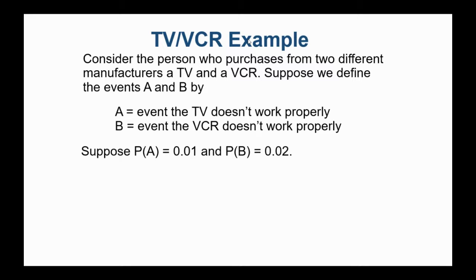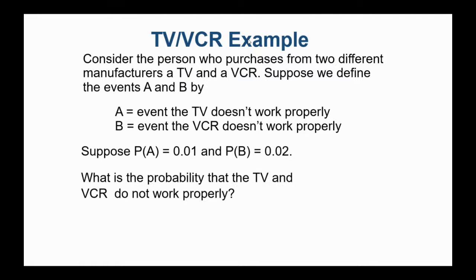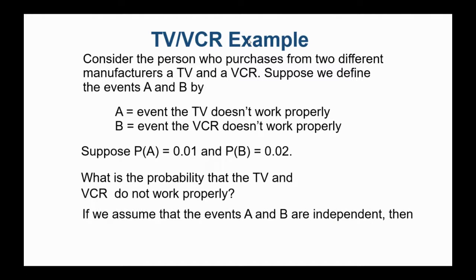Suppose the probability of A is 0.01 and the probability of B is 0.02. What's the probability that the TV and the VCR do not work properly? Well, if we assume that events A and B are independent, then what could we do to find their probability?